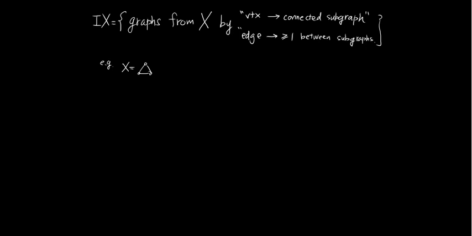So a quick example, you can make your example easily. If X is equal to K3, then you can consider the set IX. And IX contains a lot of graphs, including X itself. Also, you can replace the top vertex with a P2. Okay, so let me draw it like this. Right, you can use K1, you can use K2, or you can use whatever connected subgraph.